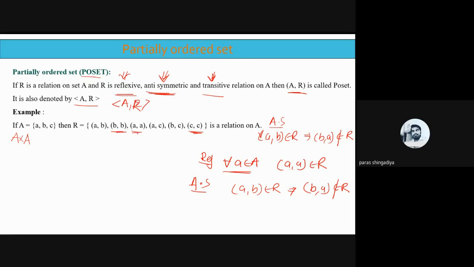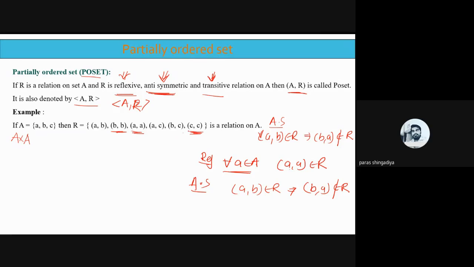Means (B, B), (A, A), and (C, C) are examples of antisymmetric relation. Then (A, C): here (C, A) is not mentioned, it does not exist. Then the fifth pair is (B, C), so (C, B) does not exist in the remaining 5 pairs. Clear? And (C, C) is by default antisymmetric.